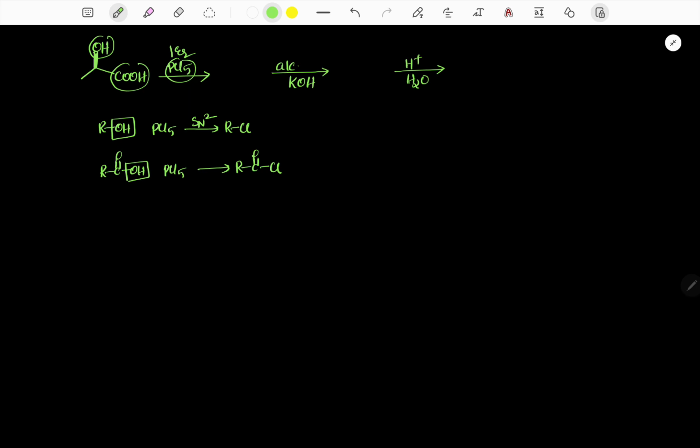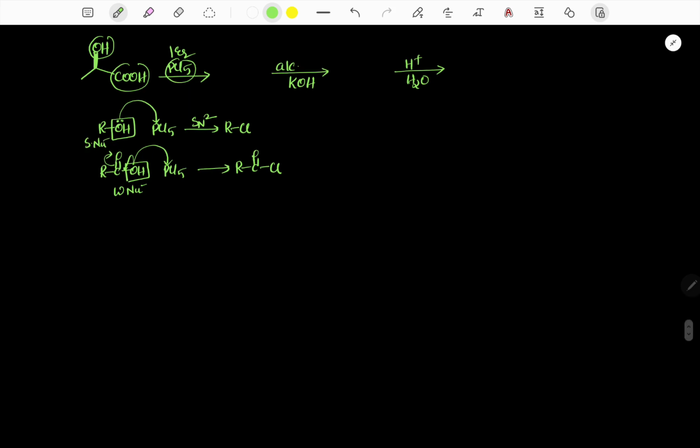Now here, if I add only one equivalent, which one will react faster? If PCl5 reacts, the O lone pair attacks the phosphorus, and we know that in the acid there is resonance participation. Therefore, it is a weak nucleophile and the alcohol is a strong nucleophile.